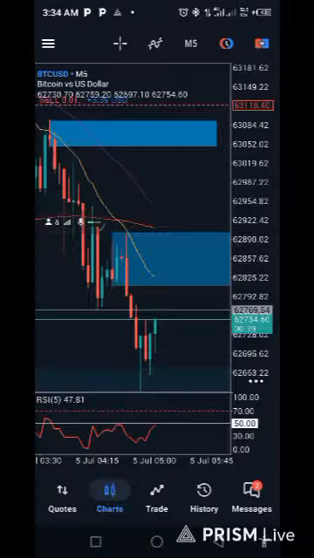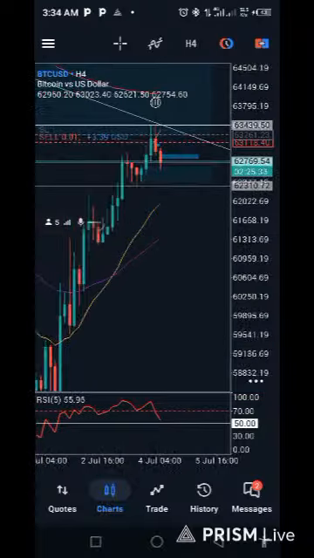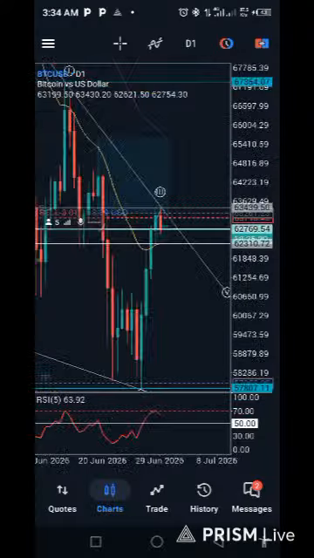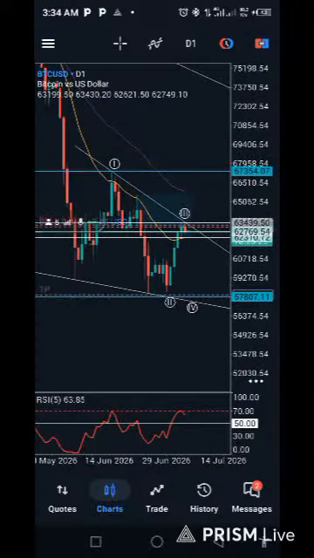How do I know? On my 4-hour time frame, or even my daily time frame, there is a major triangle I drew. You can see it, a triangle that touched each point. So it's a trend that is an ending diagonal. I call it an ending diagonal.